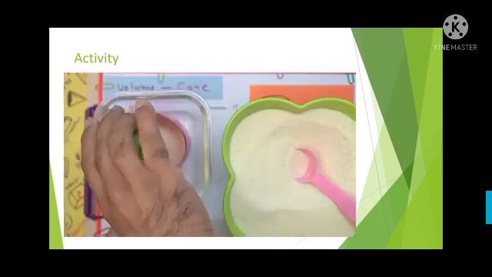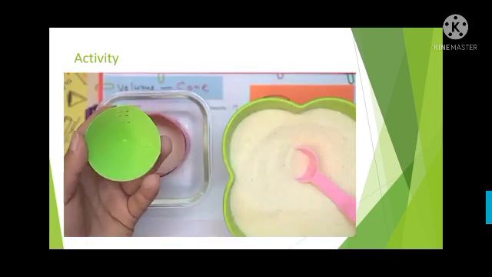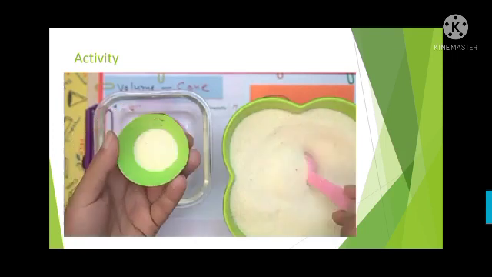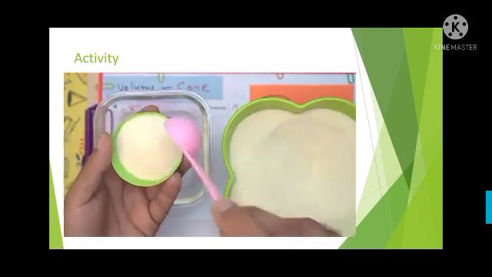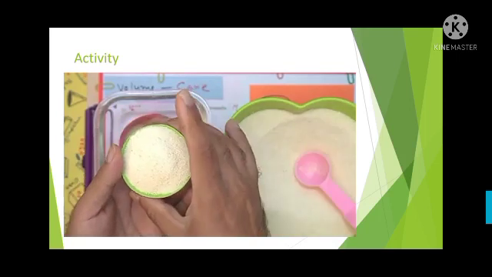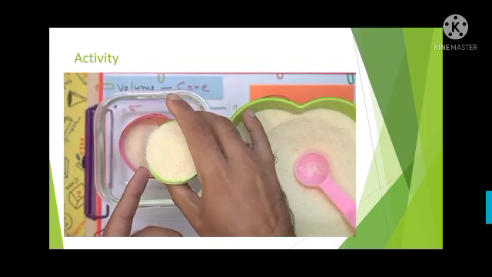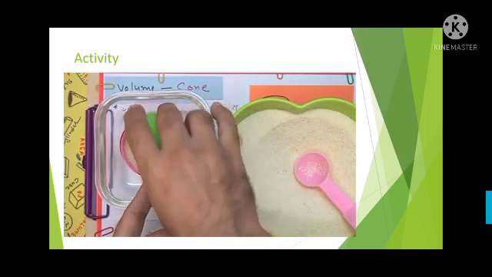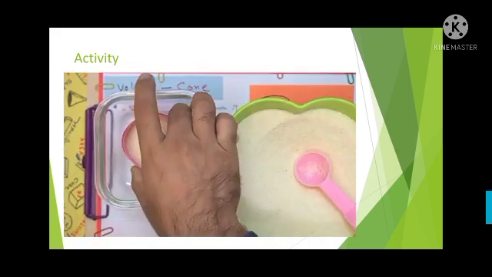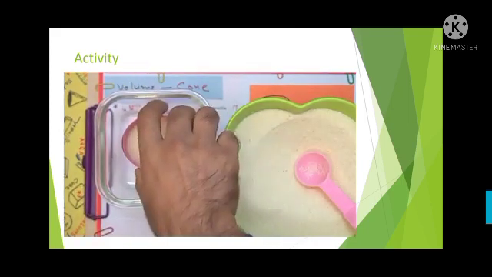So this is one. Now we'll fill it a second time. It's totally filled. Now we'll pour it in the cylinder a second time, and now it's time for the third one.